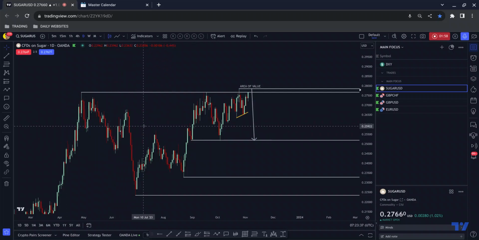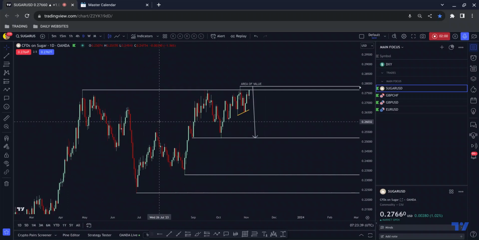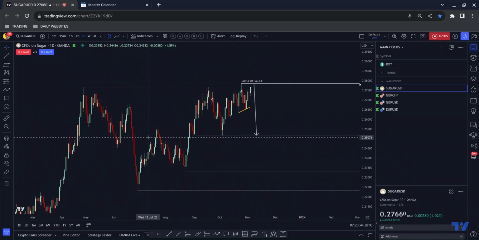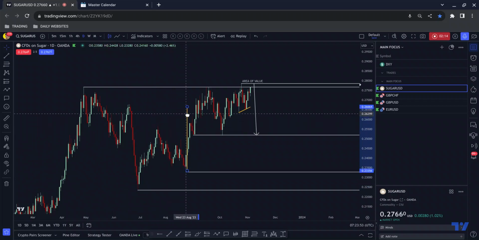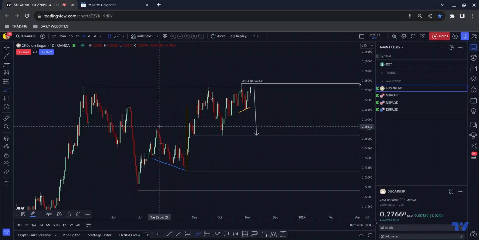The reason I'm looking at this is I'm looking at all the little intricacies of what is going on. When we push up from here, we have this impulse correction continuation. If we measure the impulse, and assume that the leg out is often of a similar length, taken from the base of the correction, we also know that sometimes the volume within the correction can dictate how high the continuation can go.